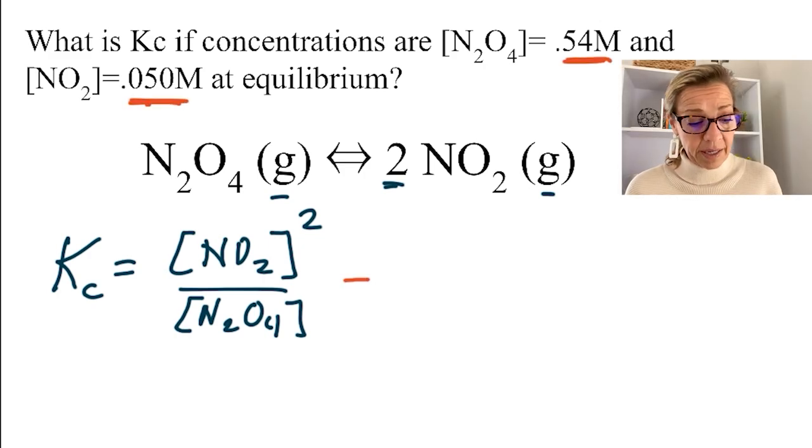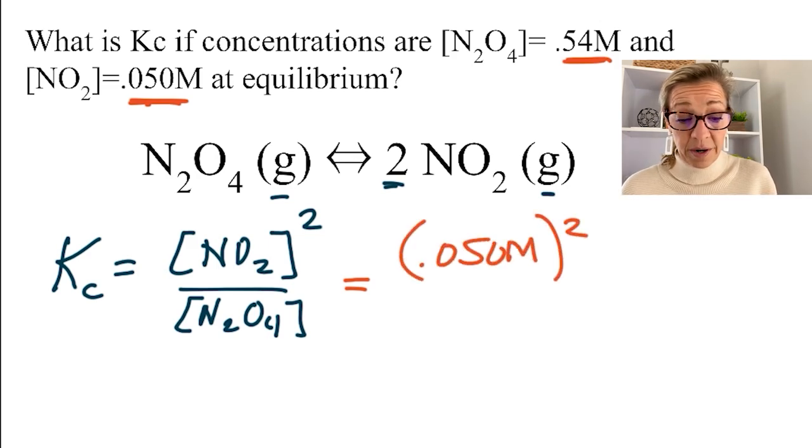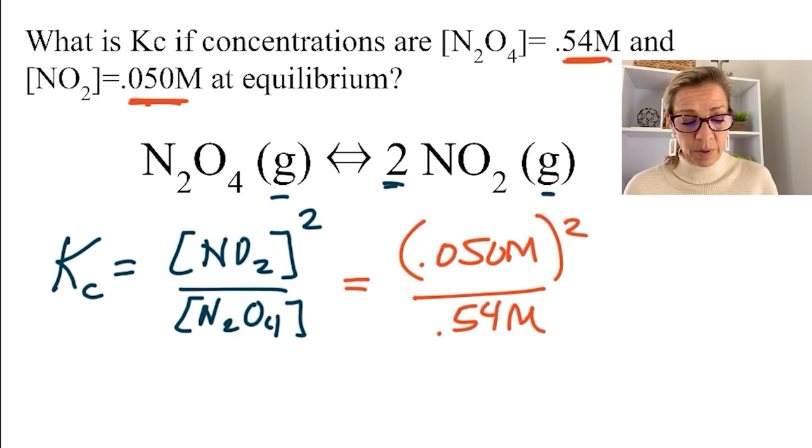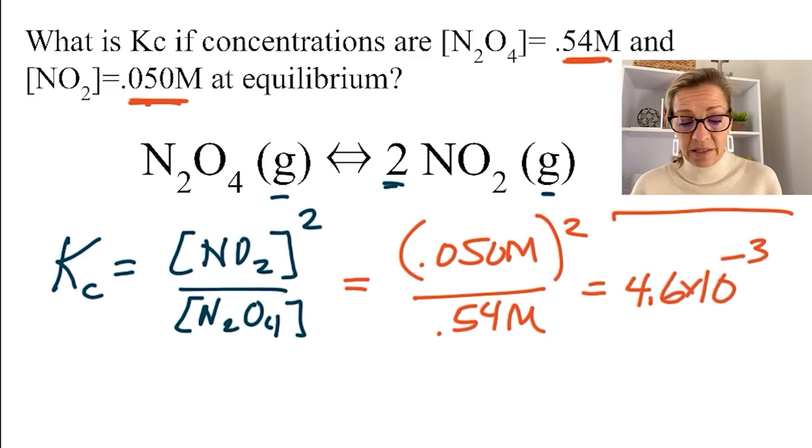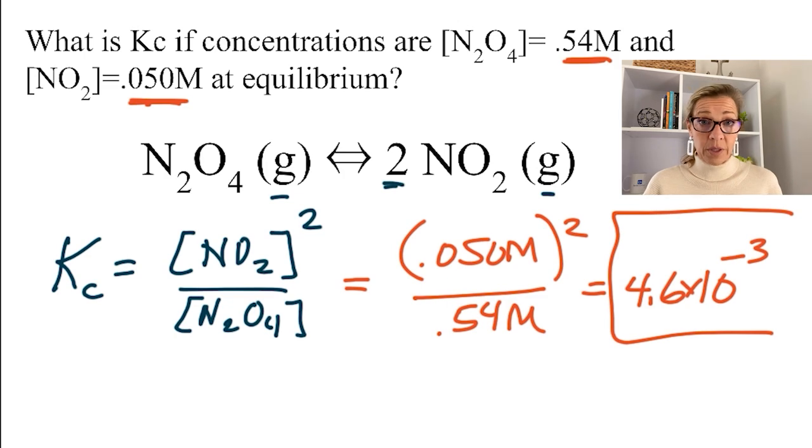So let's plug those in. So at equilibrium, our NO2 is 0.050 molar, and I'll square that, and then the N2O4 is 0.54 molar. Okay, and so you just crunch the numbers, do the math. 4.6 times 10 to the minus third. So that is the value for the equilibrium constant at that temperature.